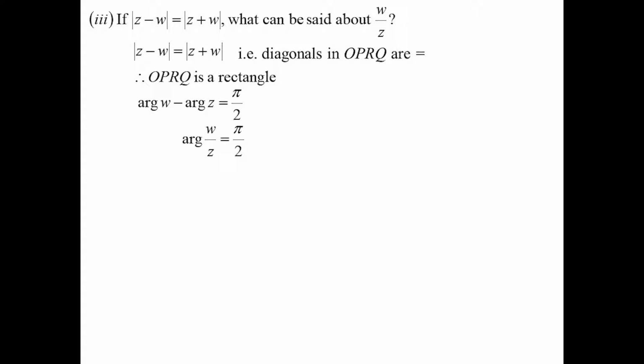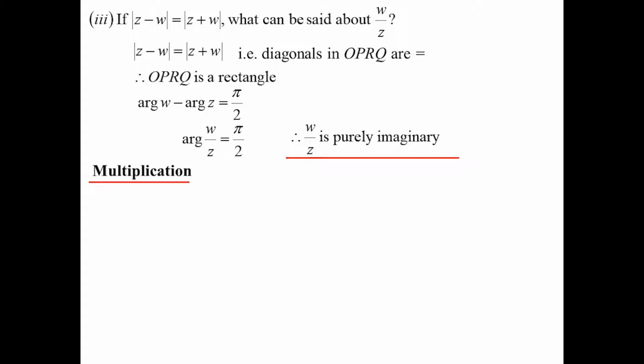I know its argument is pi on 2. Well, if its argument is pi on 2, it must lie on the imaginary axis. So I've said it's purely imaginary. We tend to say purely imaginary rather than just imaginary, because there is confusion out there about imaginary versus complex numbers. So to make sure they know you know what you're talking about, say purely imaginary rather than just imaginary.